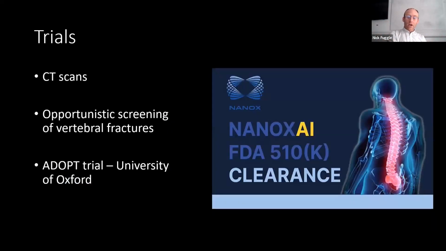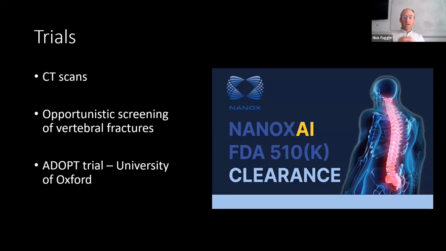There are also trials going on in other areas, and this is highlighting a tool produced by Nanox AI, which aims to take routinely performed thoracic, abdominal and pelvic CT scans, then recreating sagittal images of the spine such that vertebral fractures can be identified from those. Those people in whom vertebral fractures are identified can then be fed into fracture liaison services.